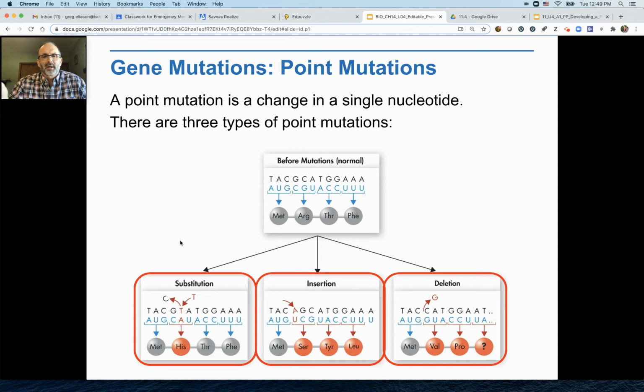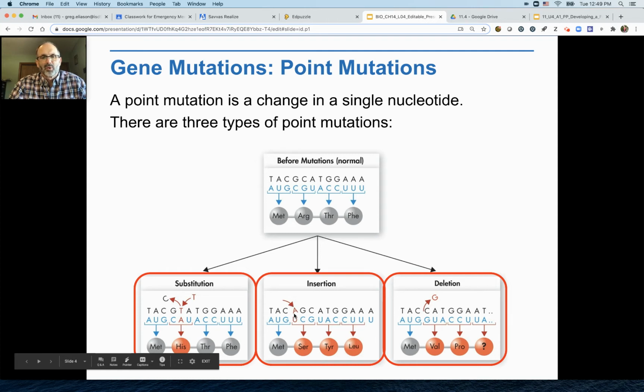We have another type of mutation called an insertion, where a gene is inserted into this sequence. And what happens then is, if you look at the bottom here, these are just three-letter abbreviations: MET, HIS, and so on.